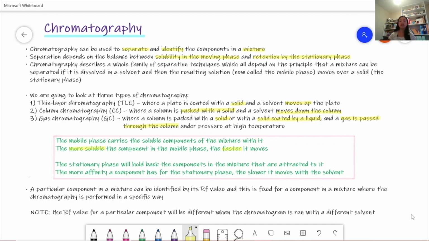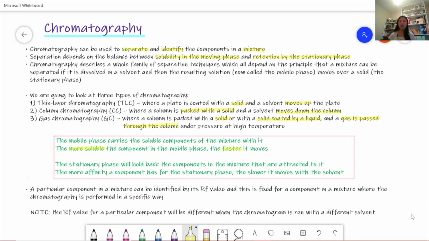The mobile phase is usually the solvent. In paper chromatography, for example, the mobile phase would be the solvent, because that's what carries the soluble parts of the mixture up the paper. So if a component has a higher affinity for the mobile phase, or is more soluble, the faster it moves, and the higher up the piece of paper it will be at the end.